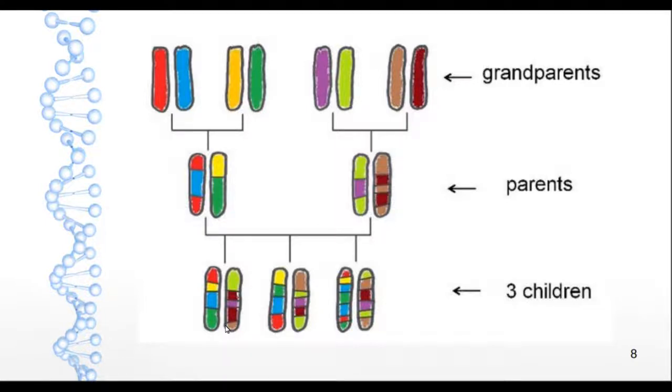You will also notice here that all three children represented aren't exactly the same. That's because unless you're an identical twin, your DNA and your siblings' DNA is slightly different. You're all pulling from the same pool.